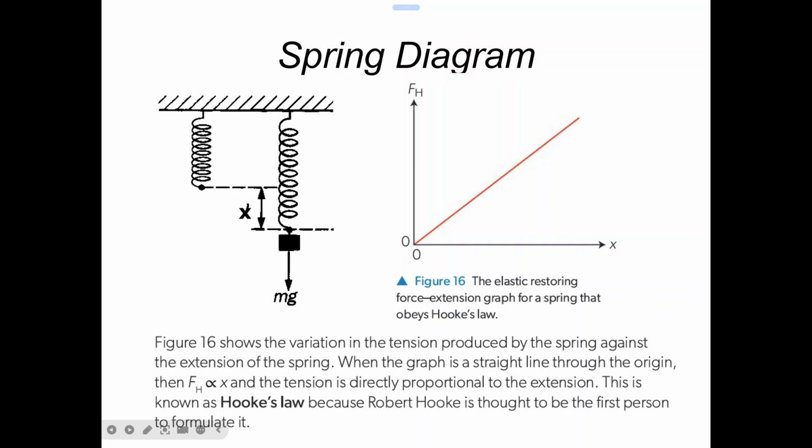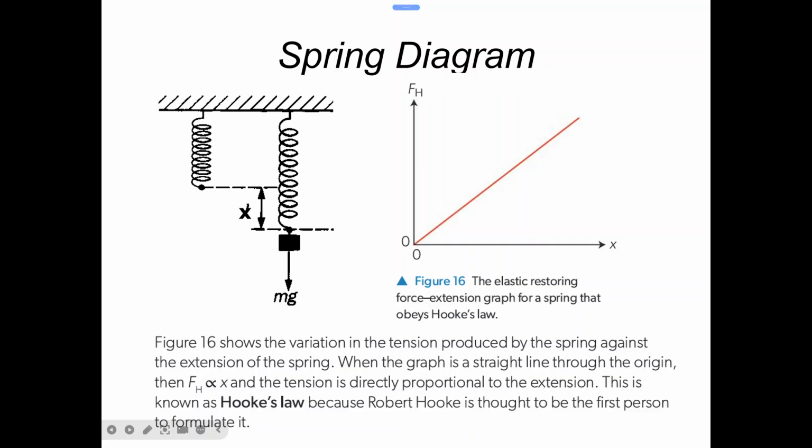Alright, so this figure 16 shows the variation in the tension produced by the spring against the extension of the spring. When the graph is a straight line through the origin, then we say that FH, which is the restoring force, is proportional to x, and then the tension is directly proportional to the extension.